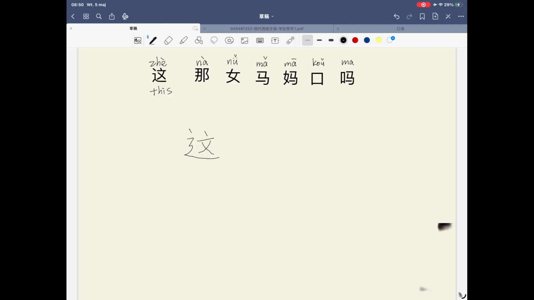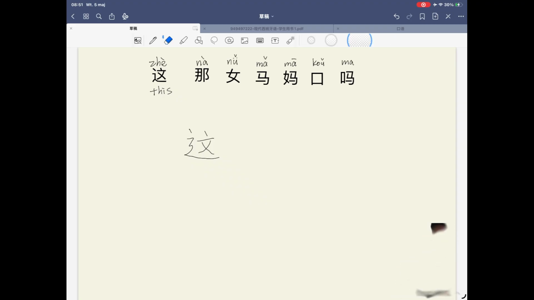And here, the hardest part may be here, right? You can see it's quite crooked. So you just write like a 3 here and then a long tail. Okay? Alright. So you can pause the video and write 2 more times by yourself.